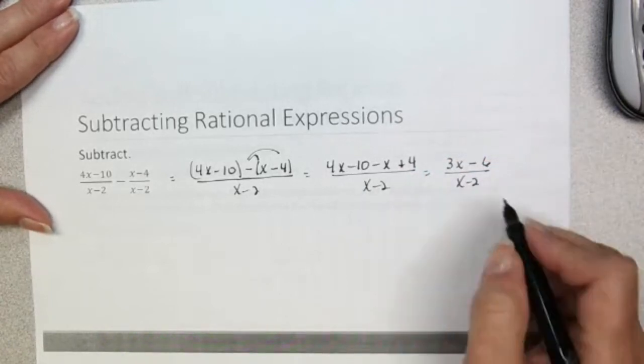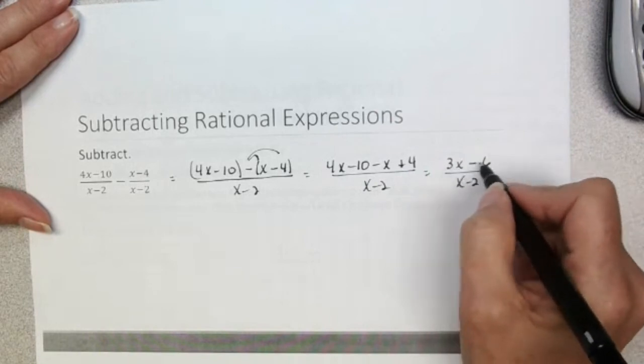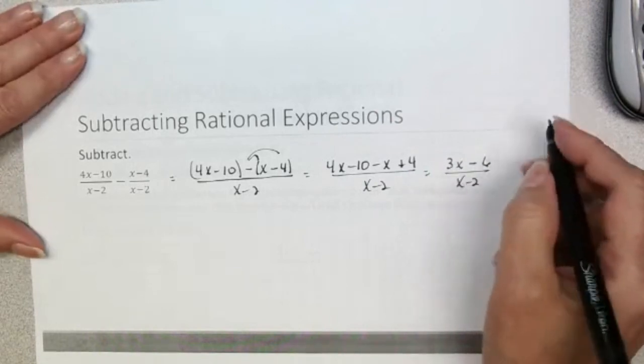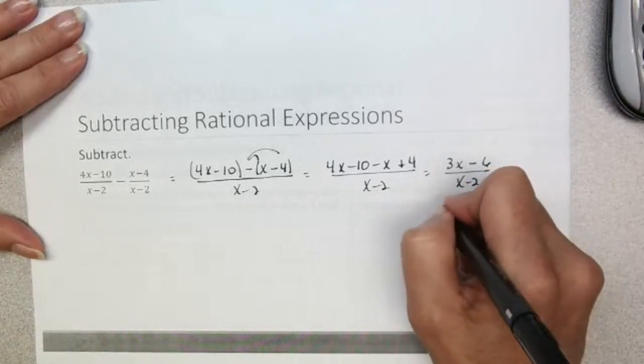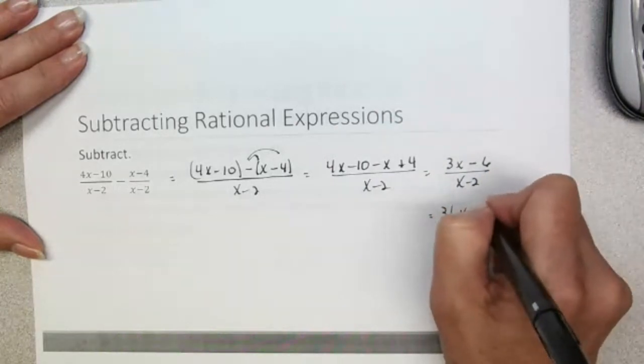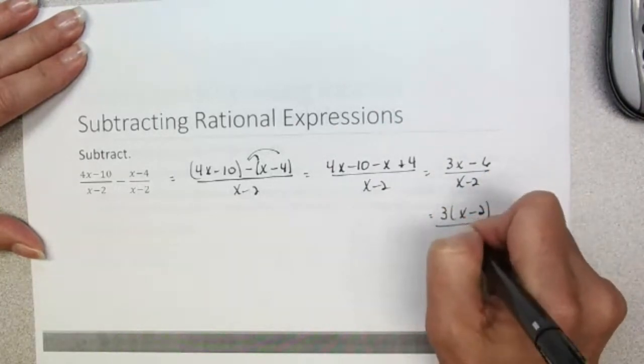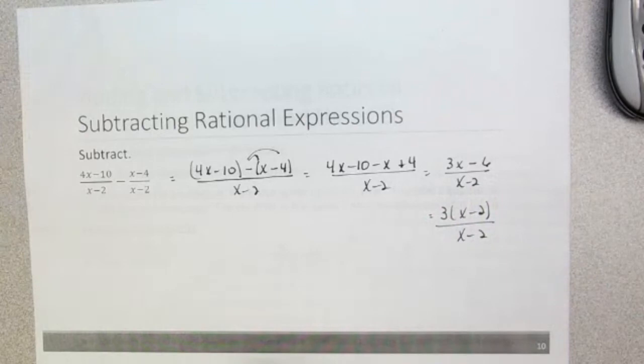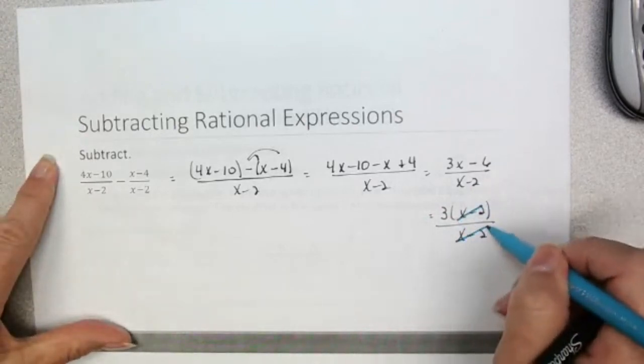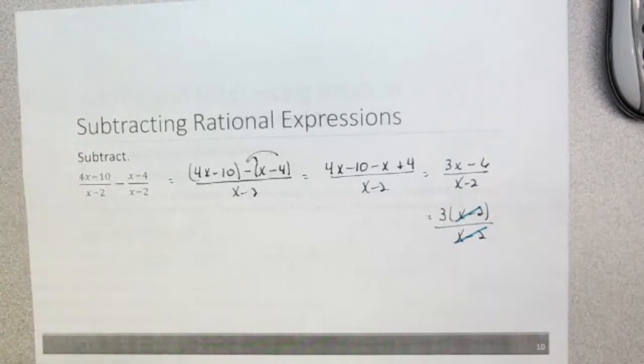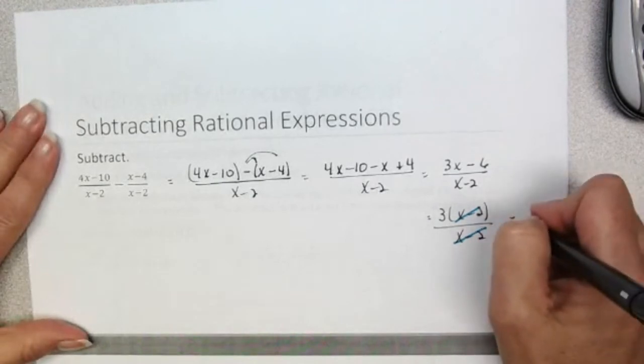And let's see if that will simplify. Oh, there's a 3 that factors out of both terms of the numerator. So I could then write this as 3 times x minus 2 over x minus 2. And look at that, those x minus 2's are going to divide out. And my final answer here is simply 3.